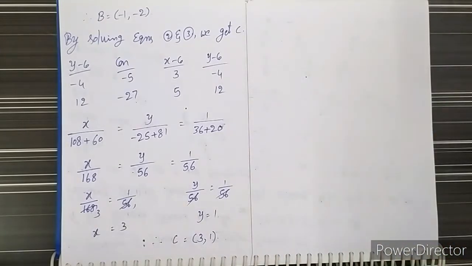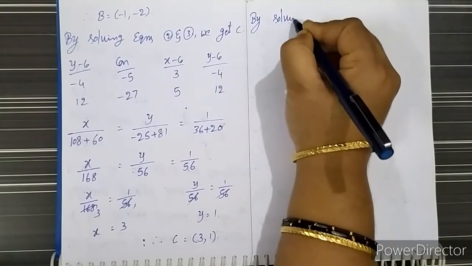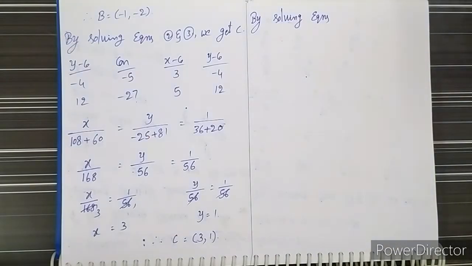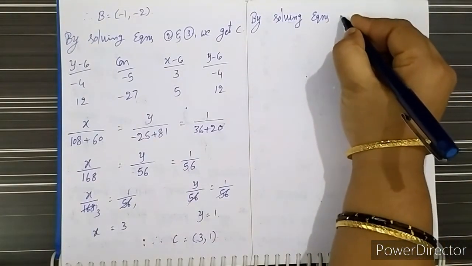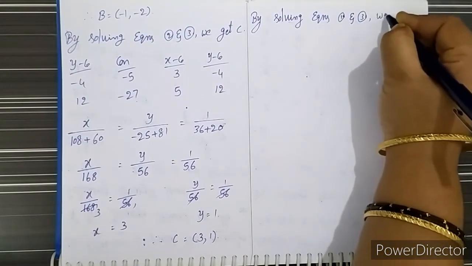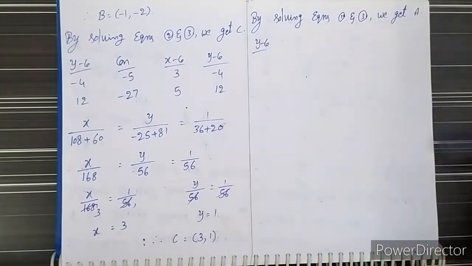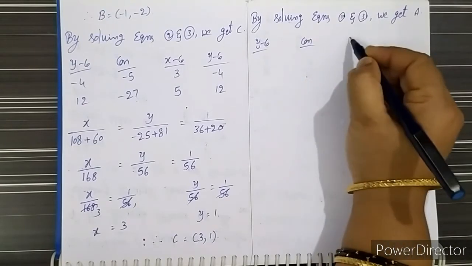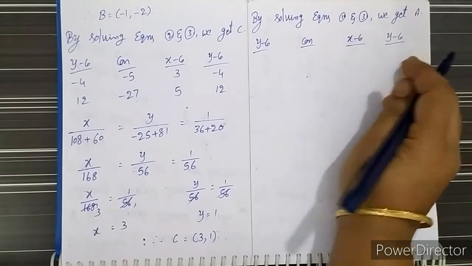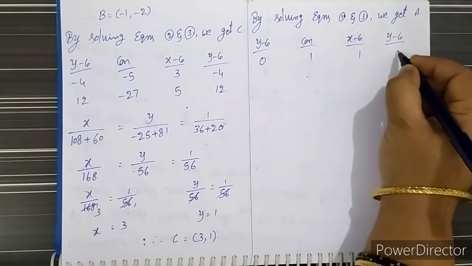Then finally, by solving equations 1 and 3, we get the vertex A. For that, y coefficient, constant term, x coefficient, y coefficient values. From the first equation, the values are 0, 1, 1, 0.